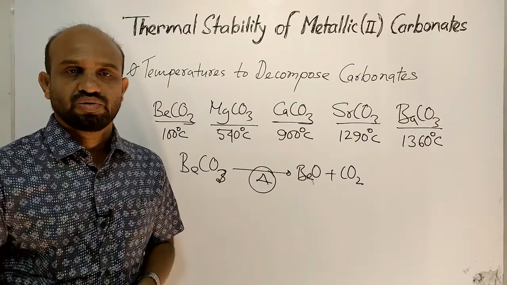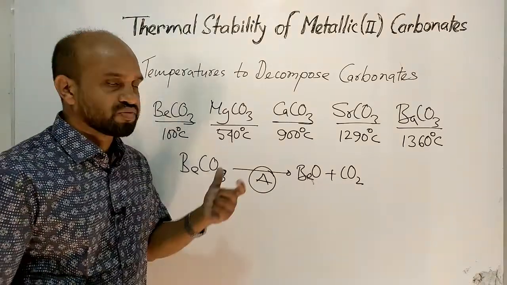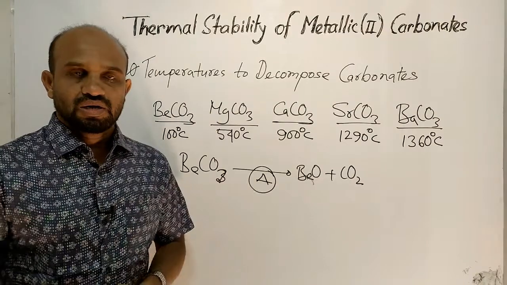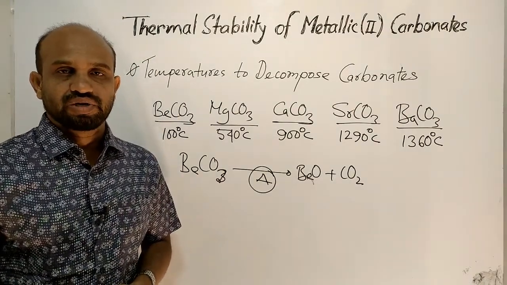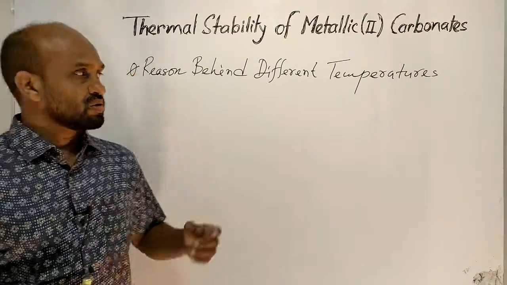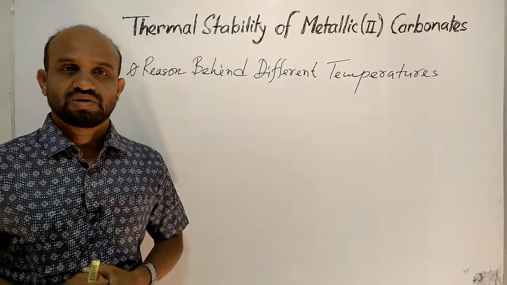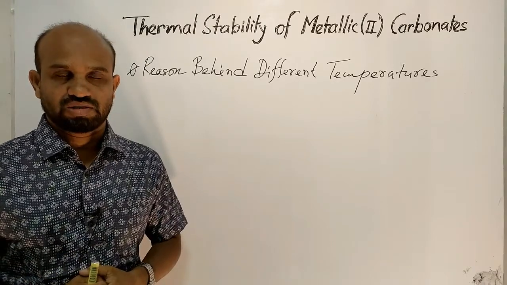Now we have to know what is the reason behind different temperatures. Let's try to learn the reason behind different temperatures. The point is now reason behind different temperatures to decompose carbonates.